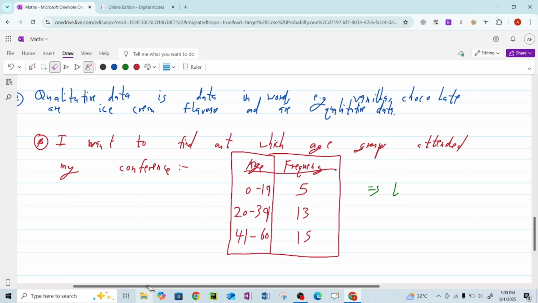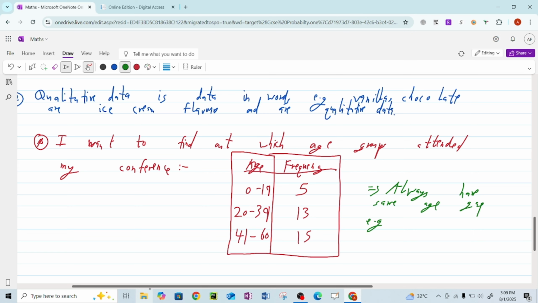Now one thing to keep in mind over here. When you have the age, you always have to have the same age gap.